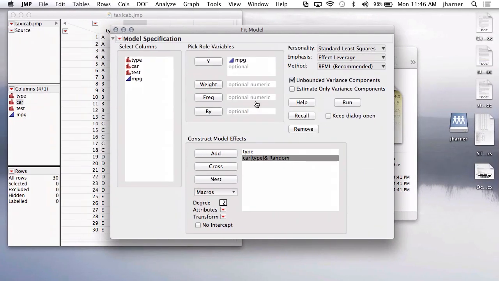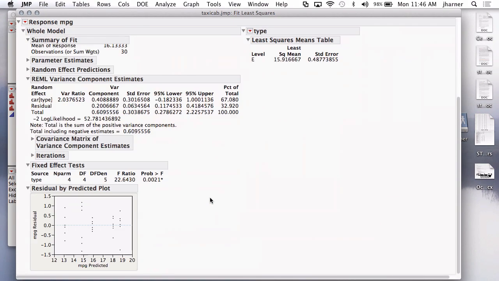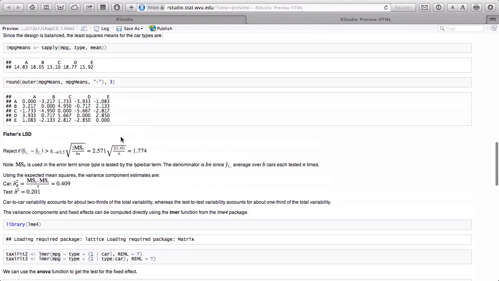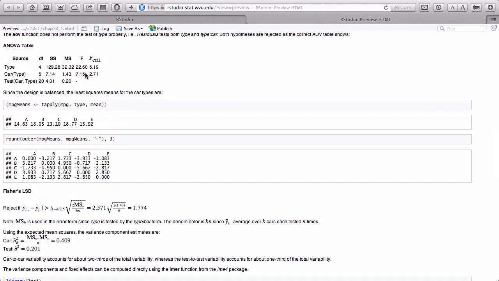So I had thought that it wouldn't be all that difficult to reproduce things. For example, here are my variance components for car, fin type, and residual at 0.4 and 0.2, and that's what we had gotten before on our models. And if I look at the fixed effect, that F ratio is 22.64, and that's in fact what I had recomputed up here.